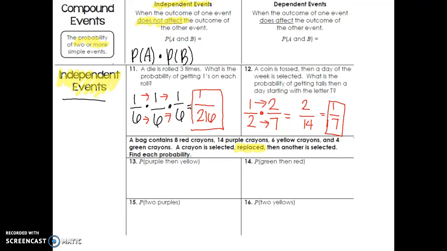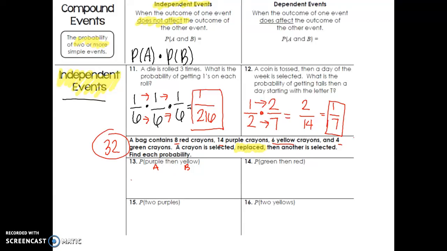So we have a bag containing 8, 14 purple, 6. Okay, so in total that is actually going to be 32 crayons. So I added up 8 plus 14 plus 6 plus 4. So then it says the probability of purple, then yellow. So this is going to be A, and this is going to be B, and it's always going to be in that order. Follow that order. That's going to matter eventually.